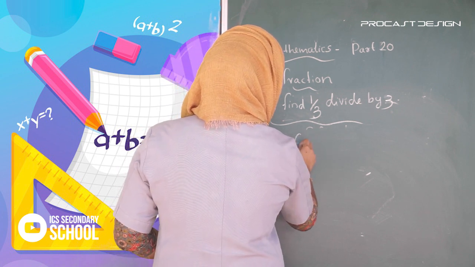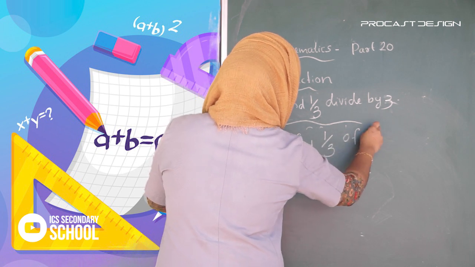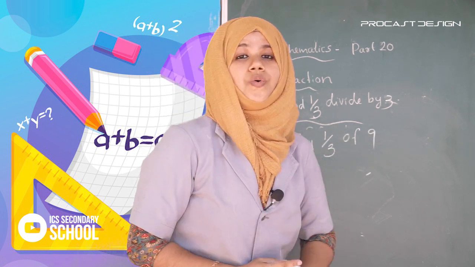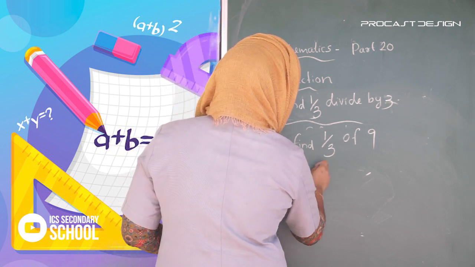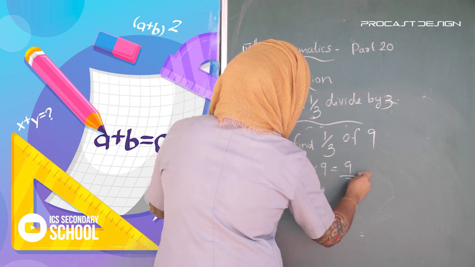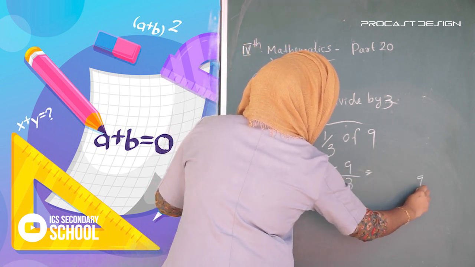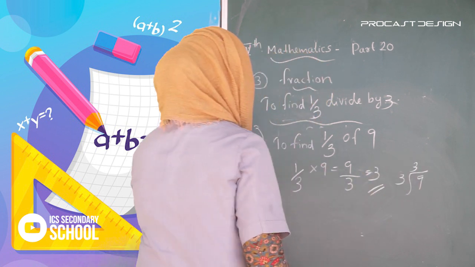To find 1 by 3rd of 9, that means 9 by 3. So 9 divided by 3 we get, yes, 3. 3 is the answer.